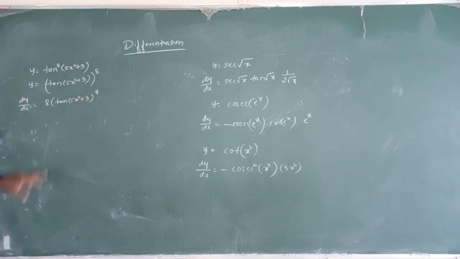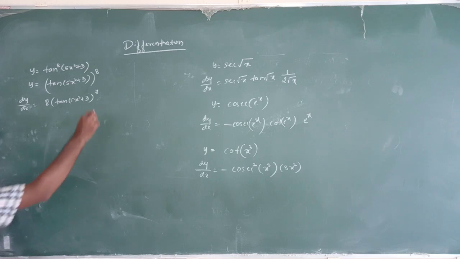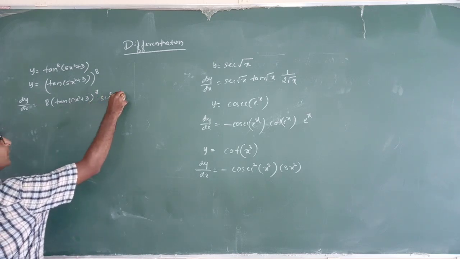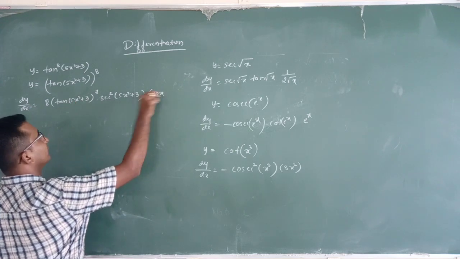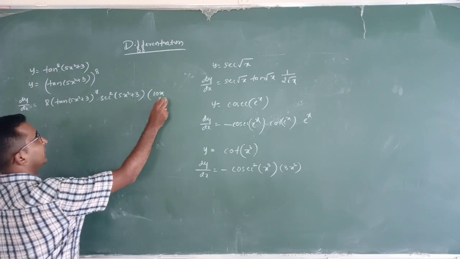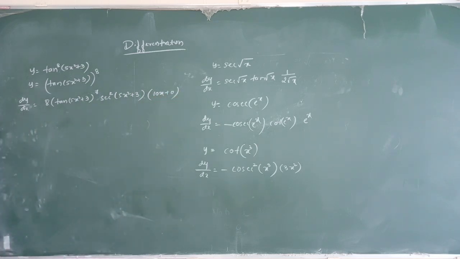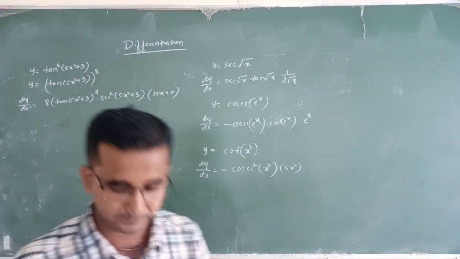That is done. Next, tan of 5x square plus 3, what do we consider this as? Tan of x. What is tan of x differentiation? Sec square of x. Correct, right? Next, tan is done. Next 5x square plus 3: 5x square differentiation is 10x, plus 3 differentiation is 0. This is the actual differentiation of tan raised to 8 of 5x square plus 3. Okay.